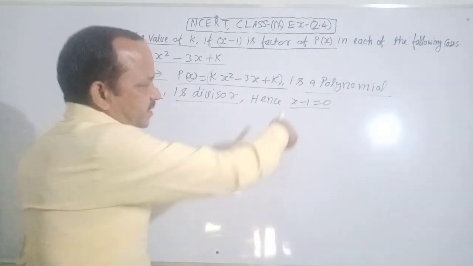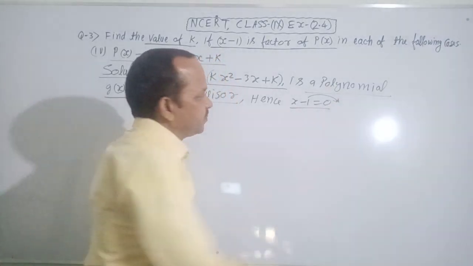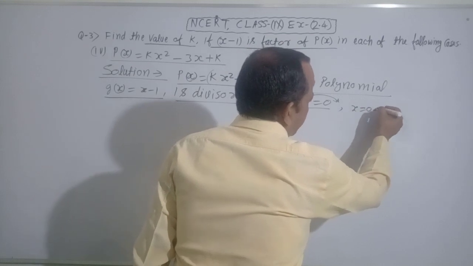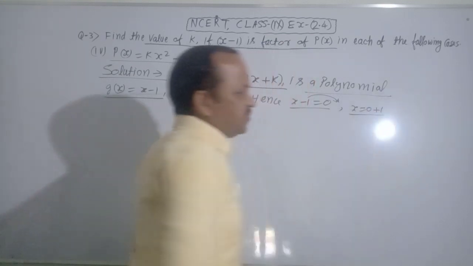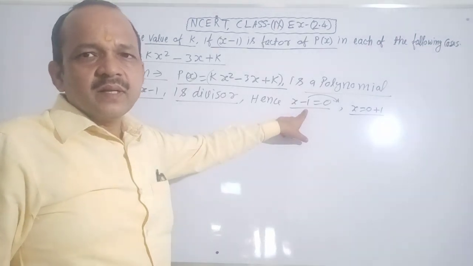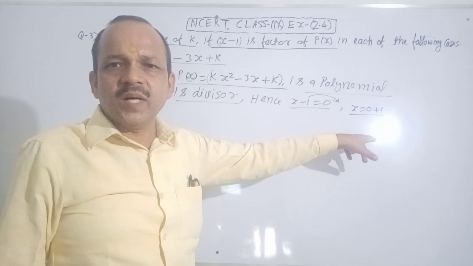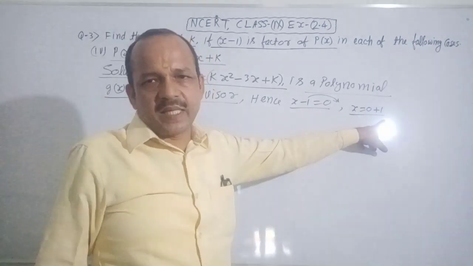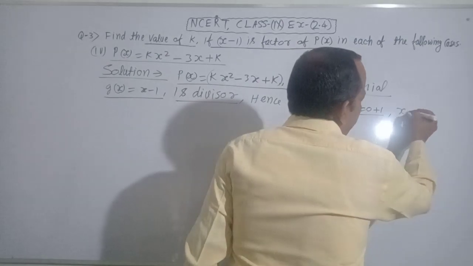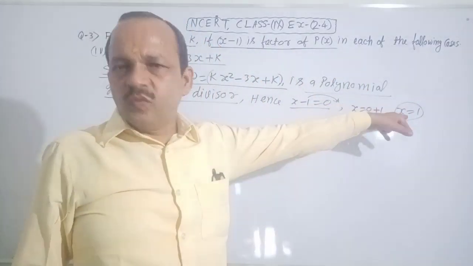You can write minus 1 on the right side of the equal sign. It becomes x equal to 0 plus 1. Here minus 1, when you write it on the right side of equal, becomes plus 1. Is it clear? You can write it as x equal to 1. You find x equal to 1.